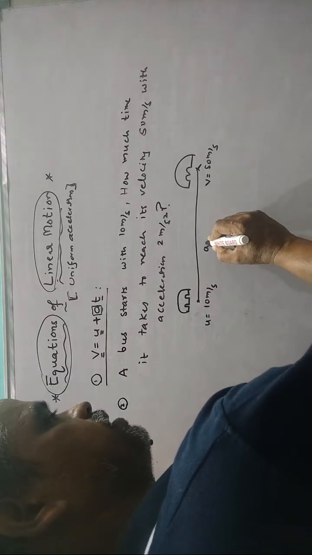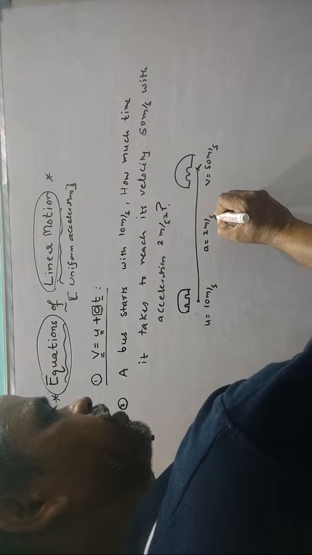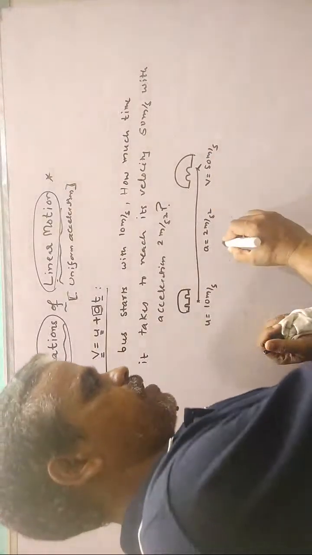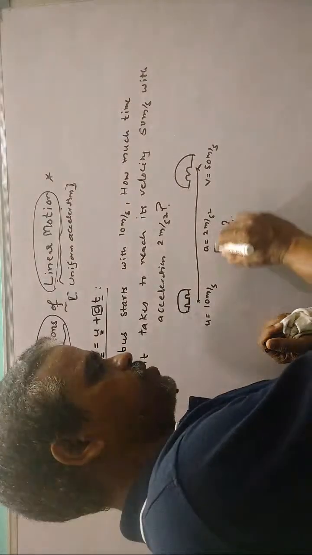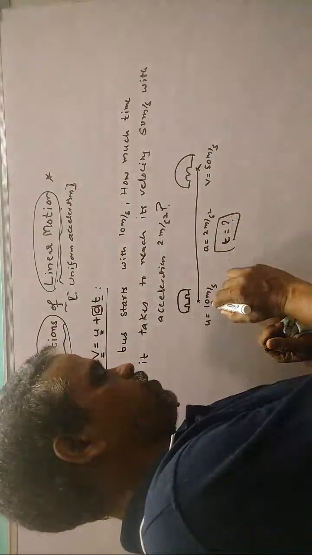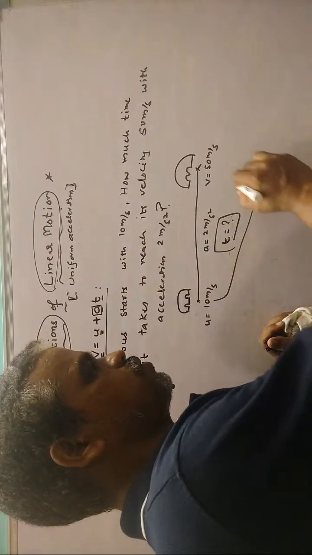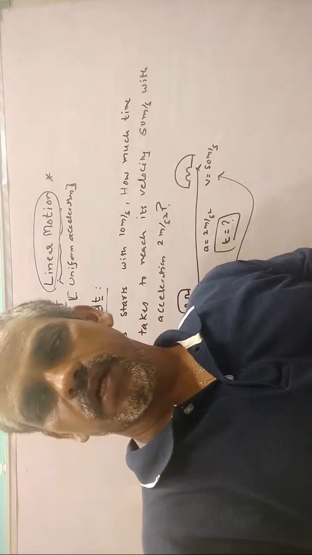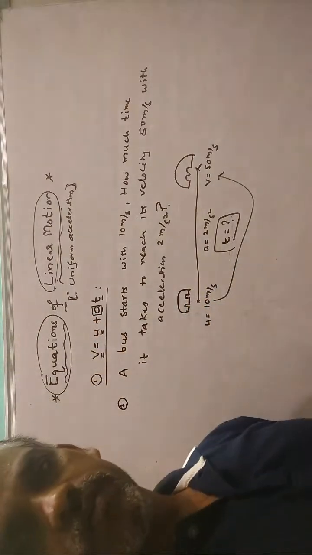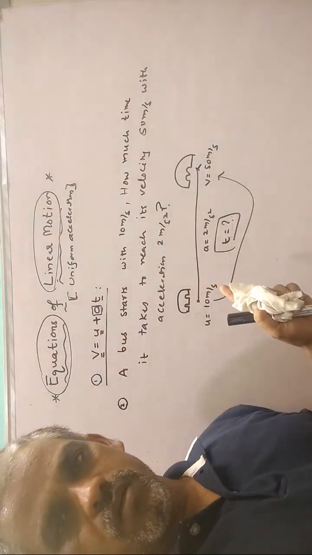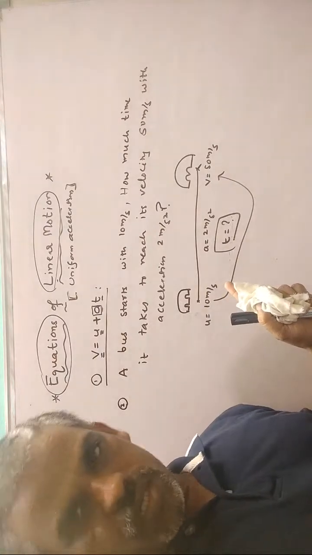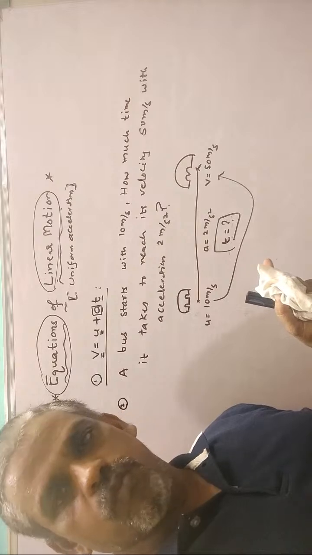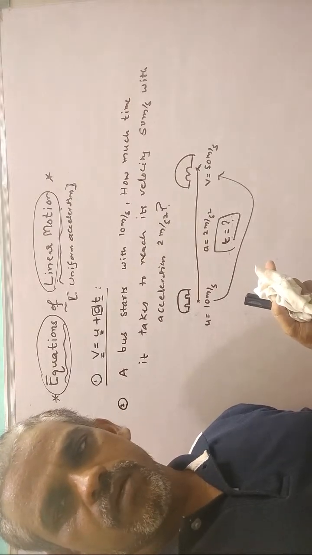So it is accelerating with uniform acceleration 2 meter per second square. My question is, how much time does it take for the bus velocity to change from 10 to 50? You do it, go for time, calculate it first. Come on. Have you understood the question? Okay, if you understand, do this and give me the answer first.